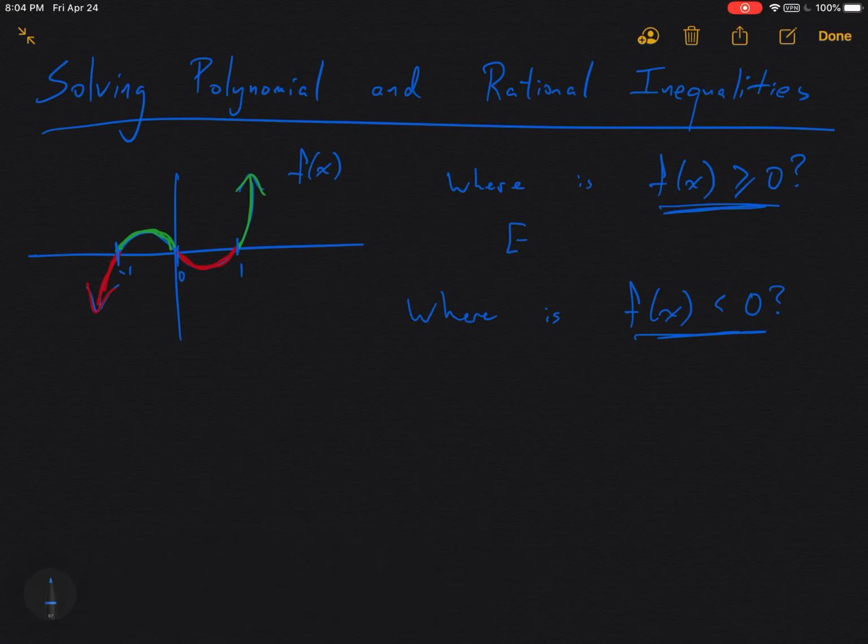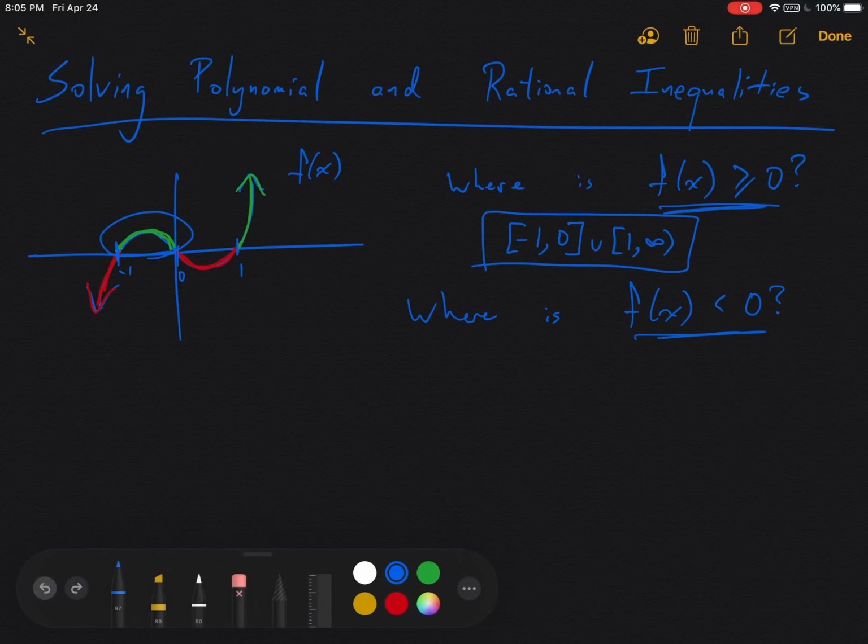So the answer for this first one would be the interval from -1 to 0, together with the interval from 1 to infinity. Those are all of the x values that would give you a y value that's bigger than or equal to 0, because this set of points has positive y values.